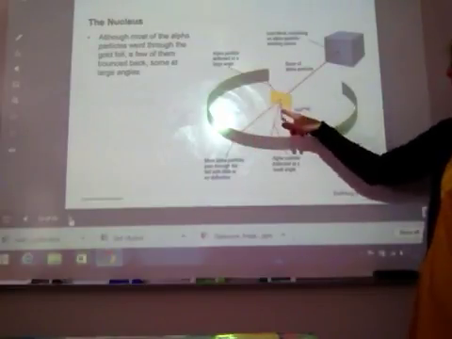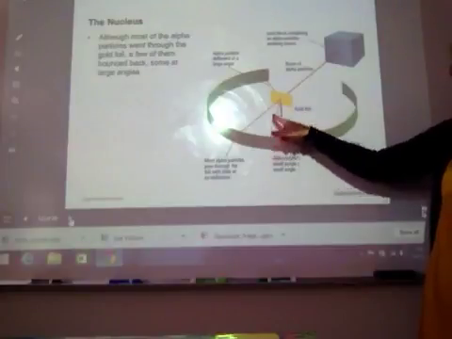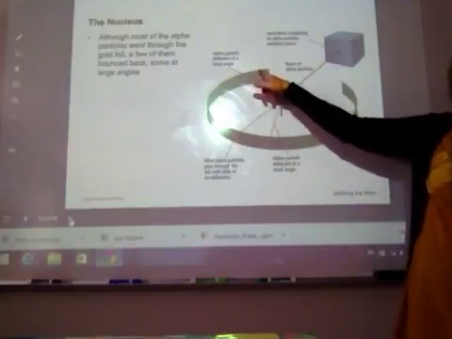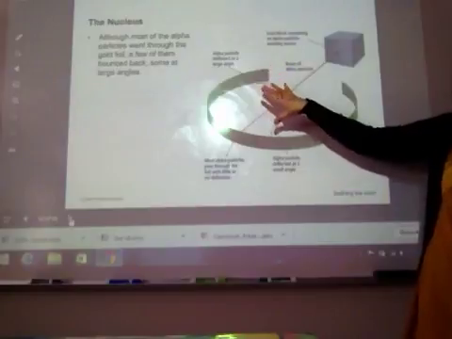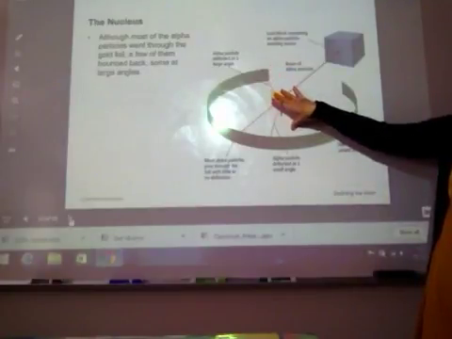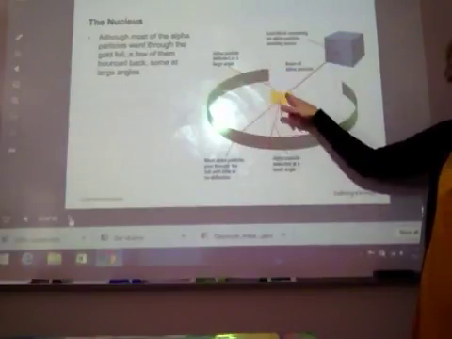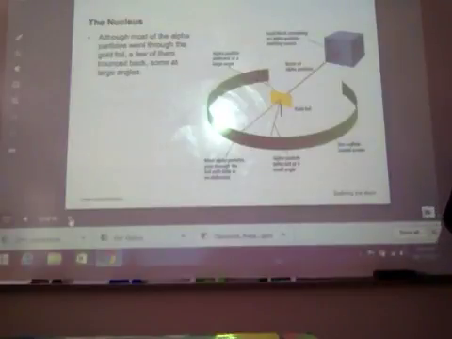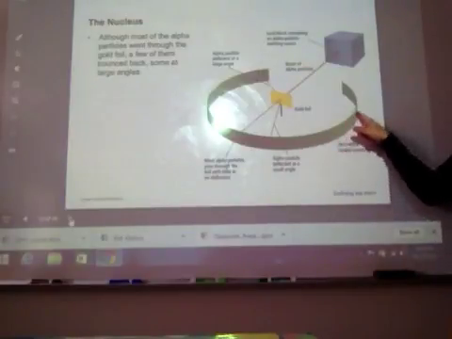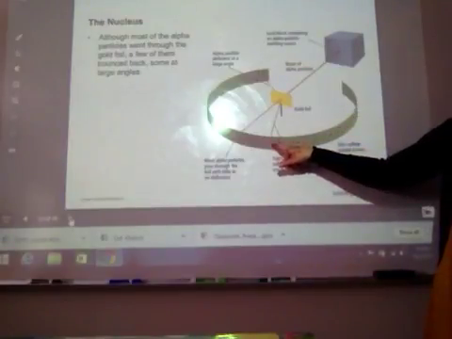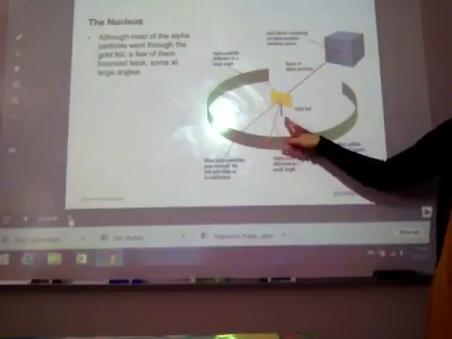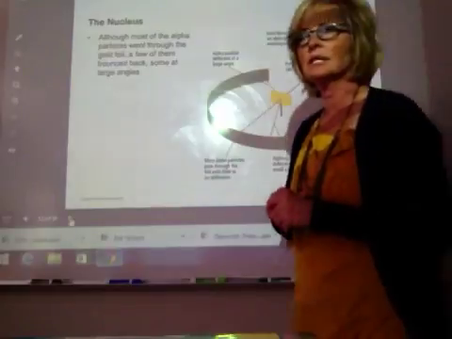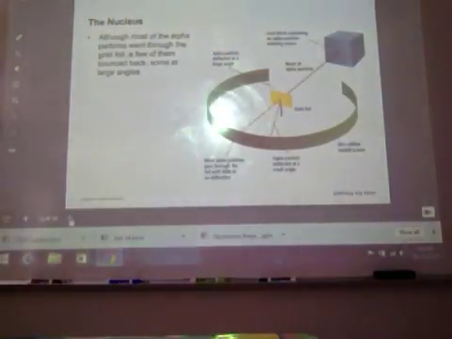There were some, so here's one that's deflected a little bit, and here's one that's deflected a lot. So some particles were deflected, but most of them went right through. This screen basically lights up when those particles hit it, so that's how he could see where it was hitting. That's how he detected where the radiation ended up.